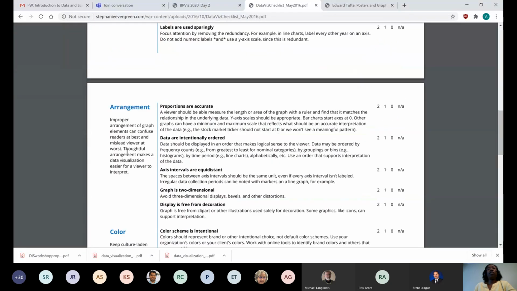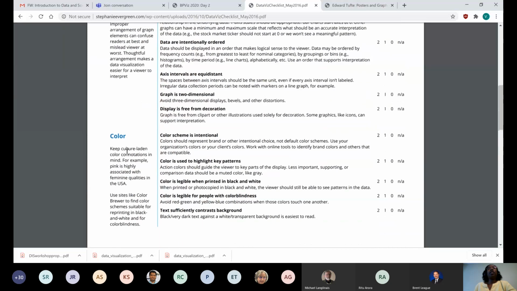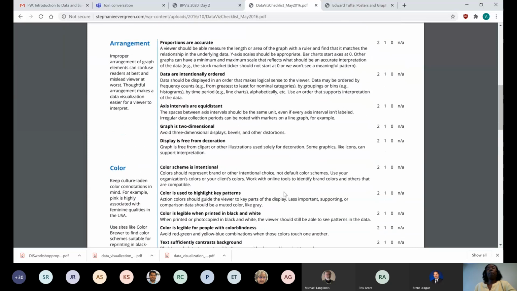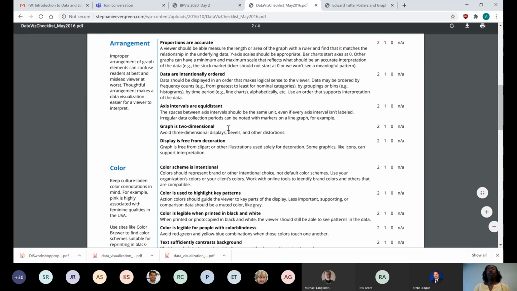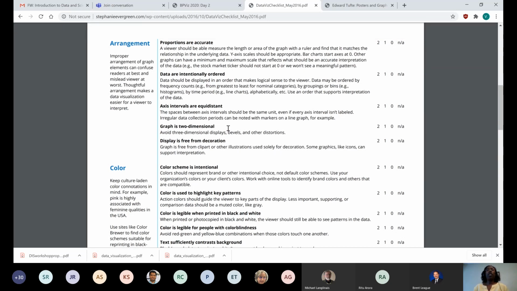So that's the text part of it. It talks about different colors that are used, the arrangement of things, proportion and size. That's another thing that you want to be aware of when you're creating visualizations. You want to make sure that you're staying true to the nature of the data.